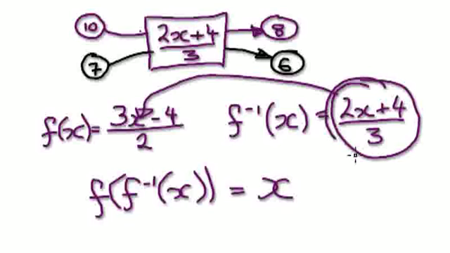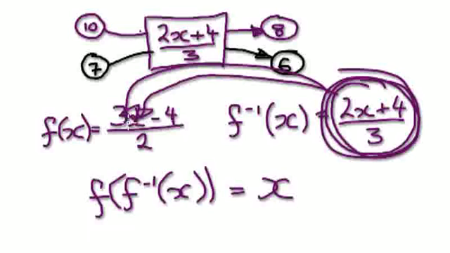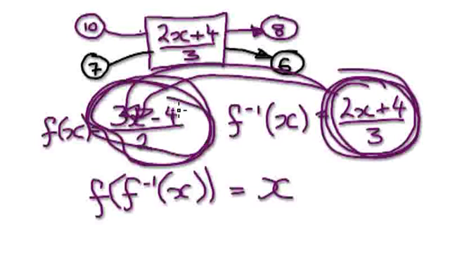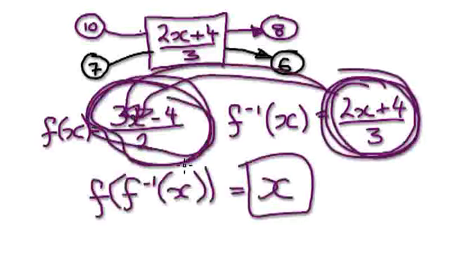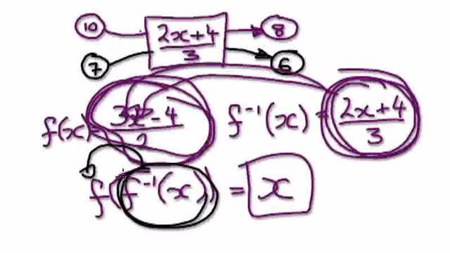What I'm trying to say is that if you put this into the x here, then do all your cancellations, it will give you x. If you put the inverse function into the function itself, overall it will be x.